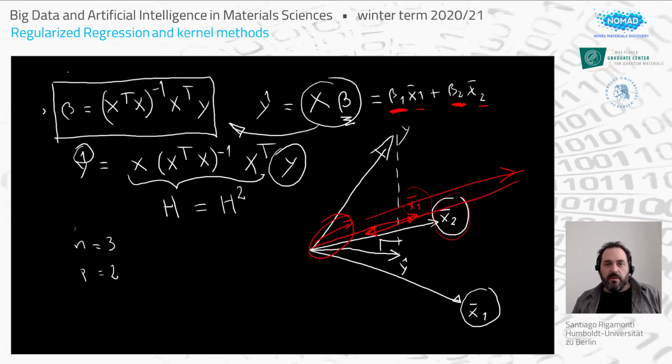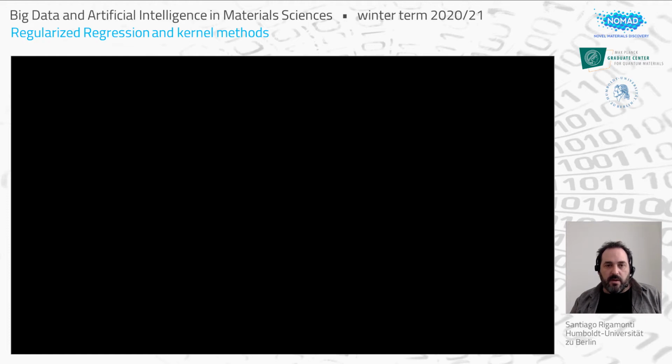Another problem that I want to indicate now has to do with the matrix xtx that we have to invert. This matrix is of dimension p. If we want to be able to invert this matrix, it must be of full rank. Full rank means that the rank of the matrix xtx should be equal to p.